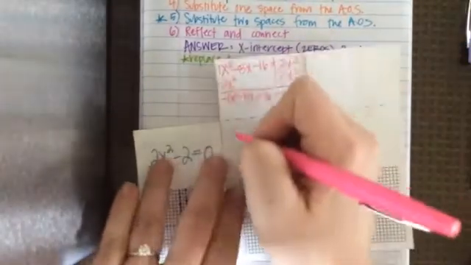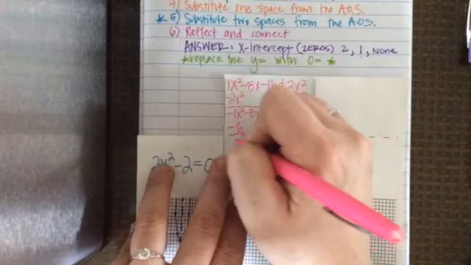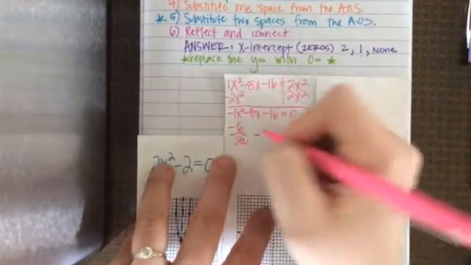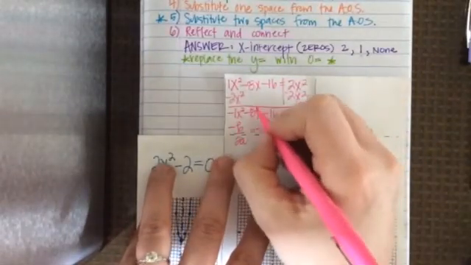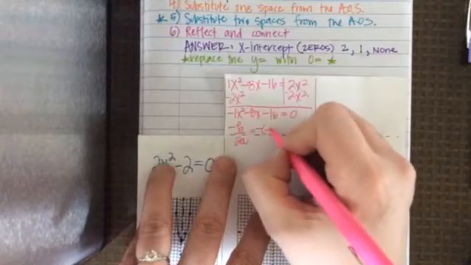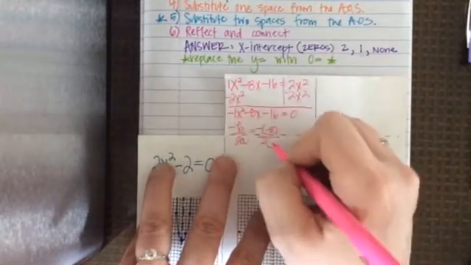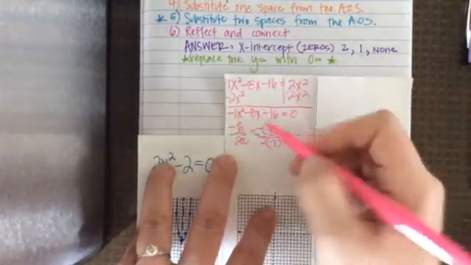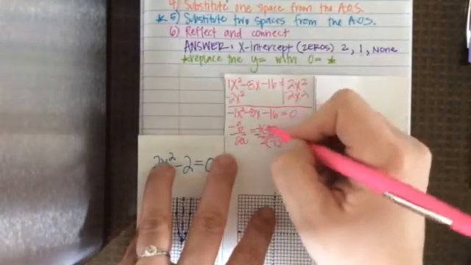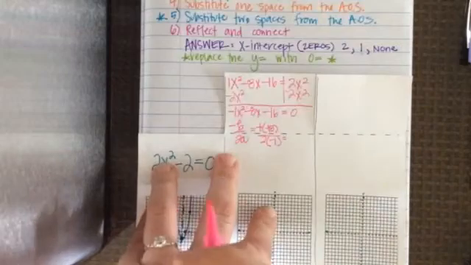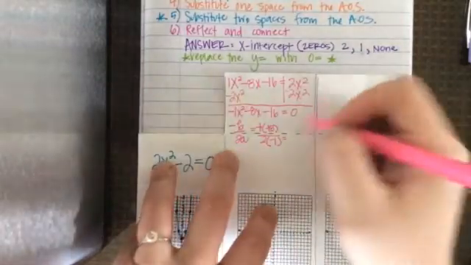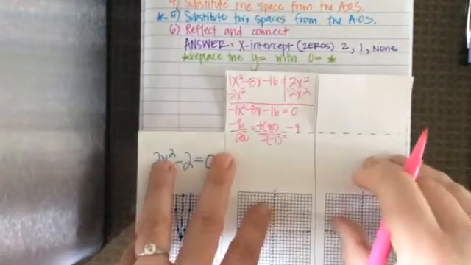So here we go. I do negative b over 2a. So that is negative, and my b value is negative 8, over 2 times my a value is negative 1. Negative, negative cancels out to positive, so I have 8 divided by negative 2, making negative 4.